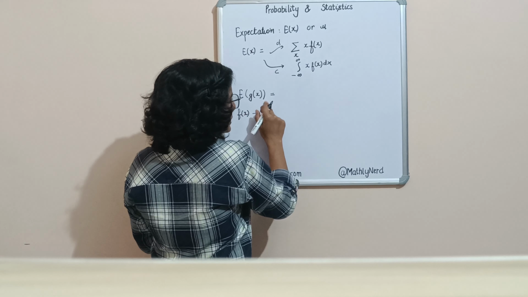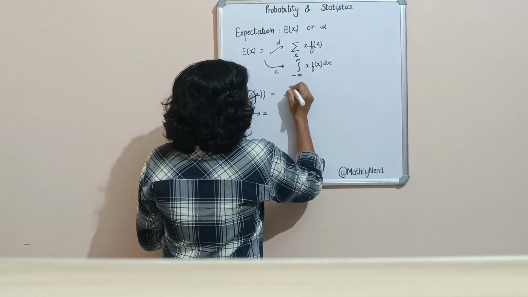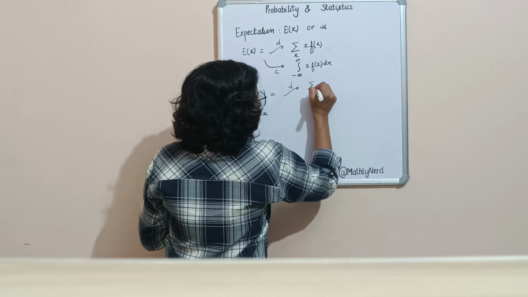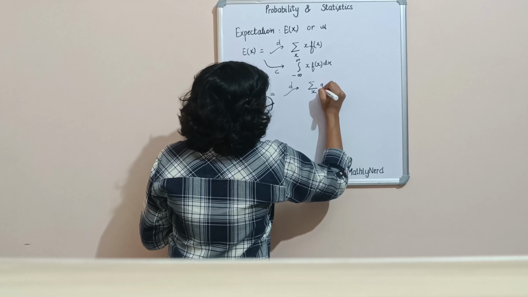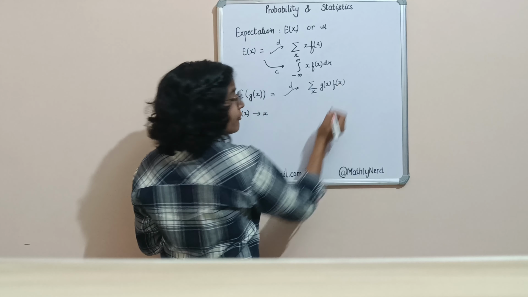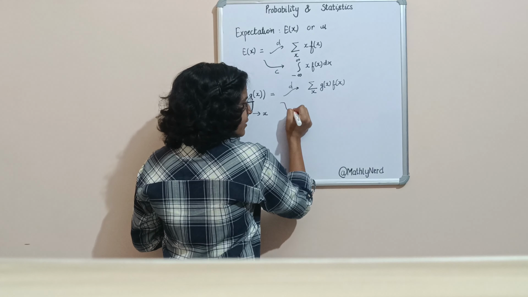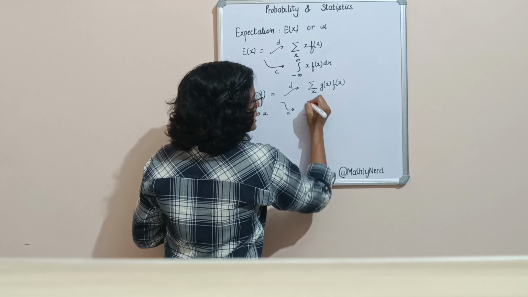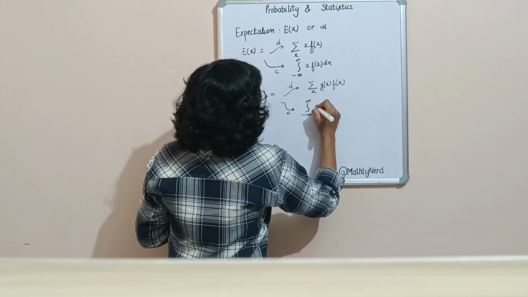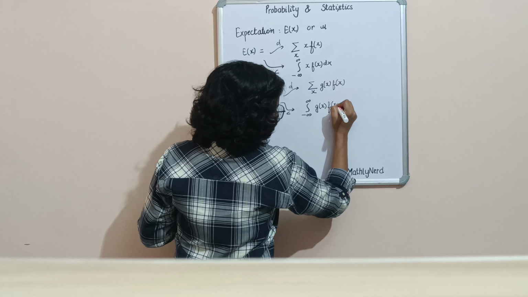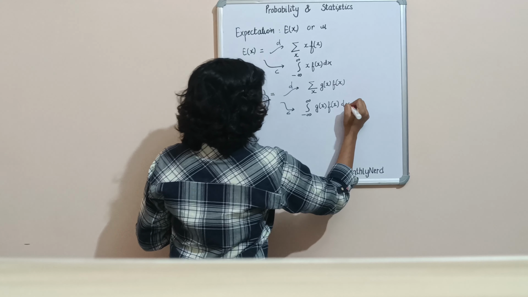E of g of x for a discrete random variable equals summation over x of g of x times f of x, and for a continuous random variable it equals integration from minus infinity to infinity of g of x times f of x dx.